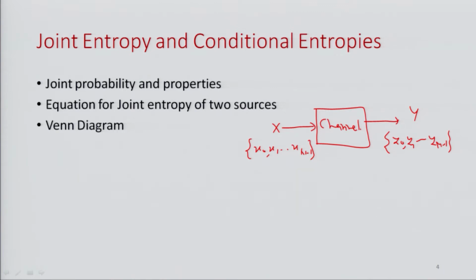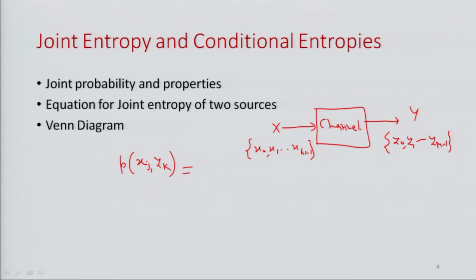Before finding the joint entropy, we will discuss the joint probabilities and their properties. Suppose there is a symbol xj and another symbol yk. Input is xj, output is yk, suppose. Then consider the joint probability of the event when input is xj and output is yk.